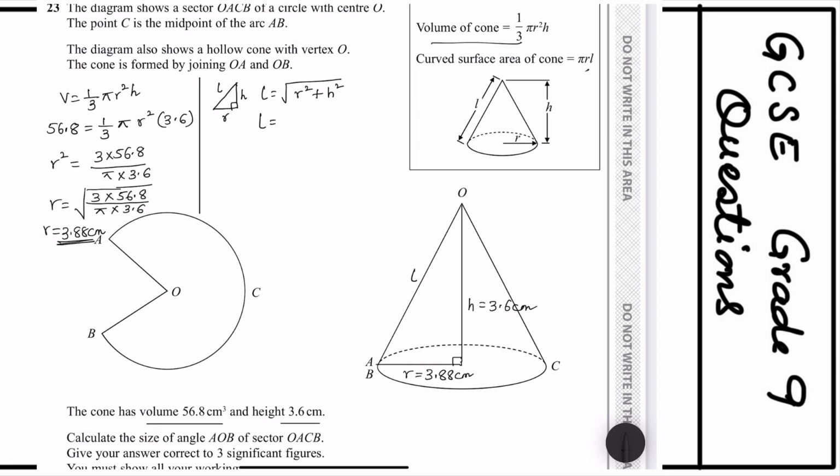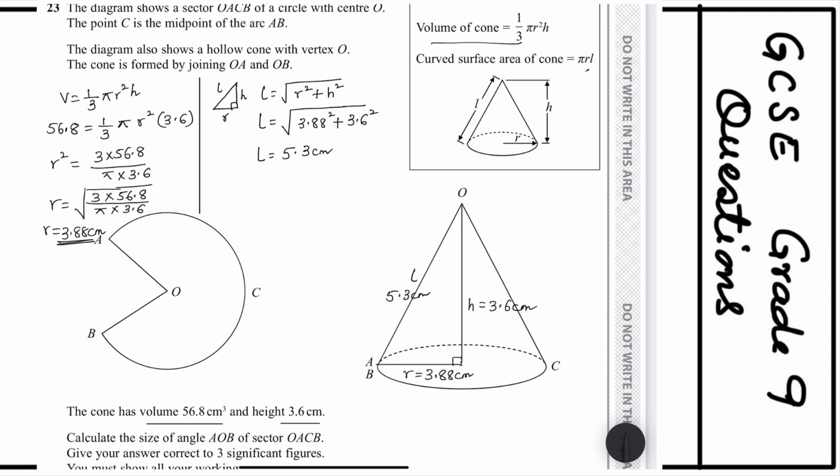We have both values for r and h, so let's substitute those. 3.88 whole square plus 3.6 square. So enter this one in the calculator. So the slant height will be 5.3 centimeters rounded to 1 decimal place.